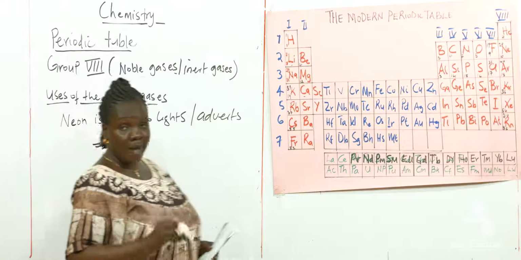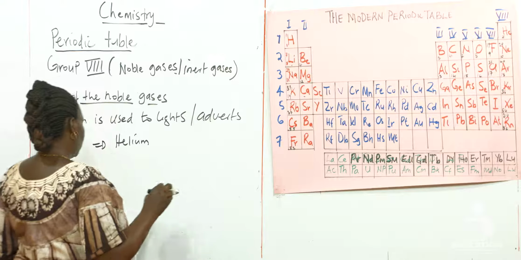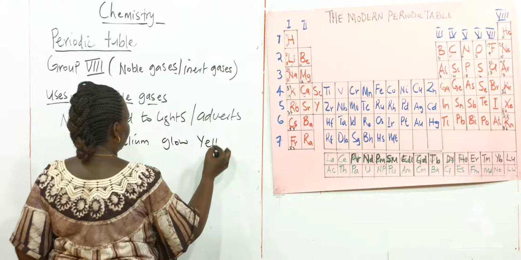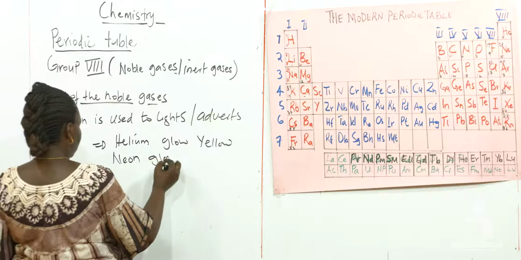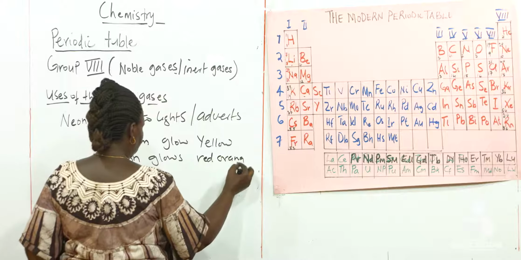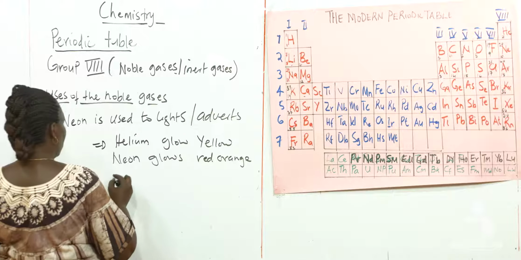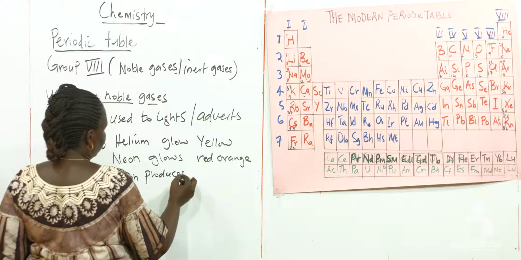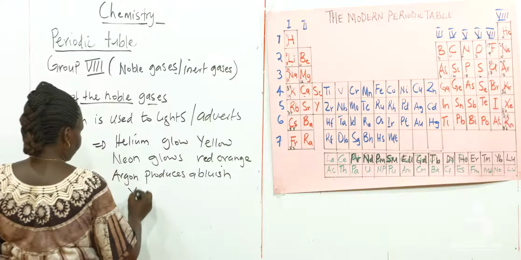So helium glows yellow, neon glows red orange, and argon produces a bluish violet color.